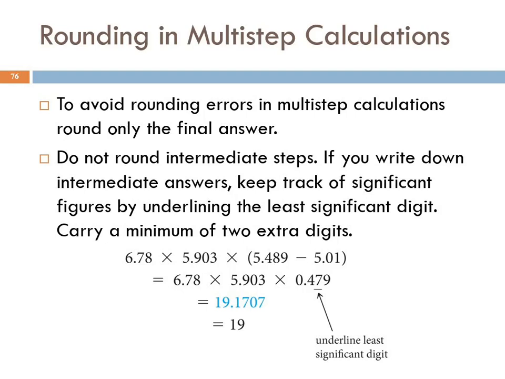It's always better to write down too many digits because it's easy to cut them off later. If you write down too few and realize, oh, wait a minute, I need more, then you have to go back and do the whole calculation over. So when in doubt, write down extras.